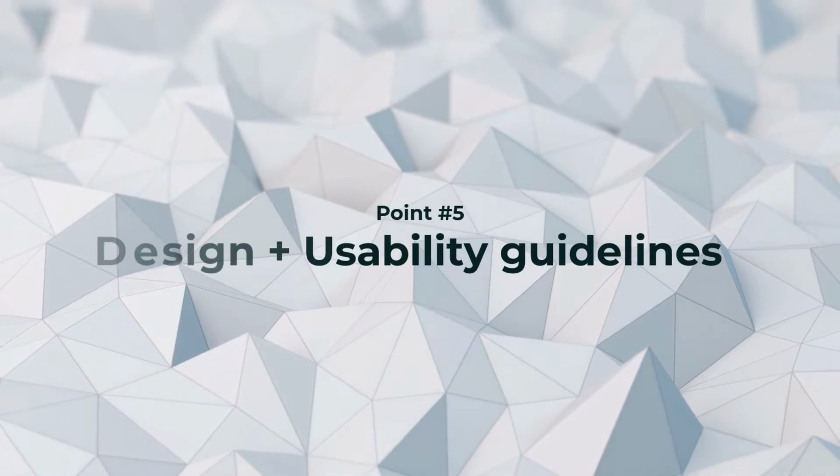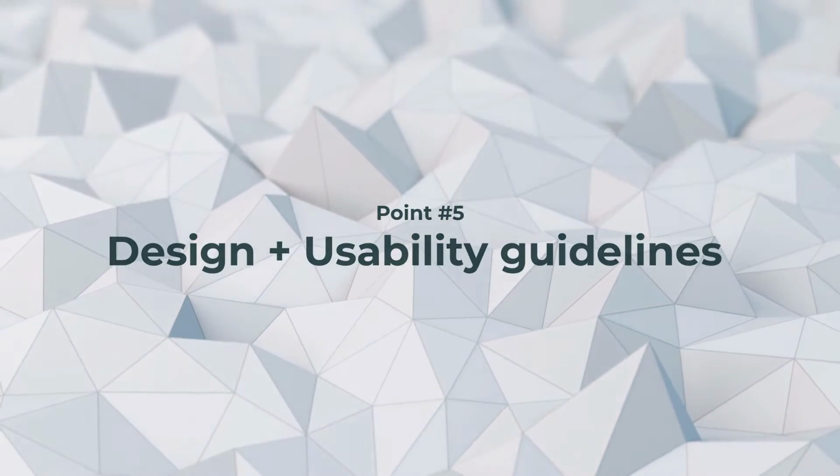Then you need to consider a few more things in the design, like design guidelines and usability guidelines. There are design guidelines for each platform. For example, if you are designing an iOS app, a web app, or an app for Android, they have their own specific set of rules, using palettes, using different sizes.